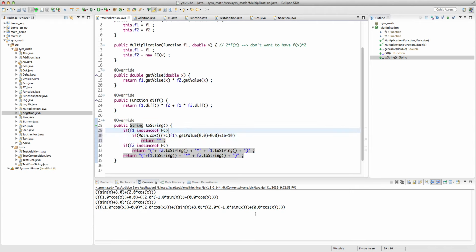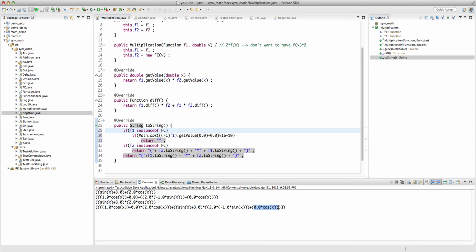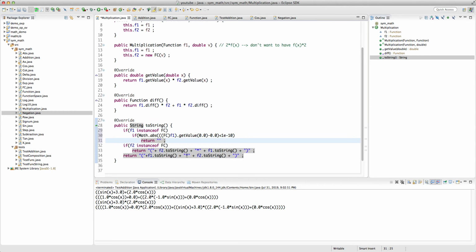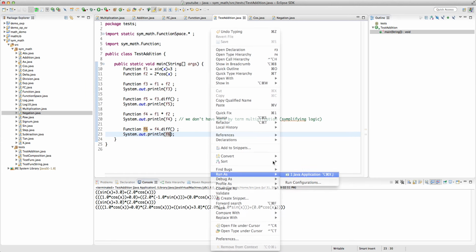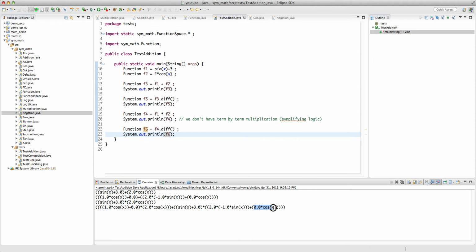So if we multiply something by 0, it should be 0, so we should return let's say 0. We don't need to return 0 times the function. Let's see, return 0.